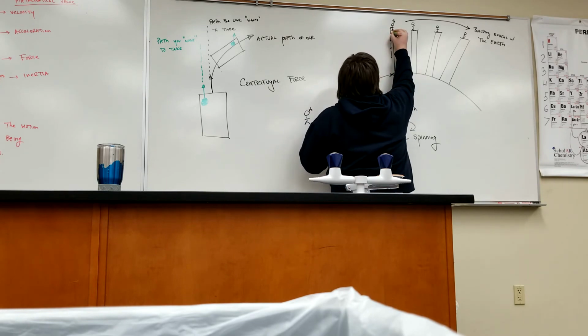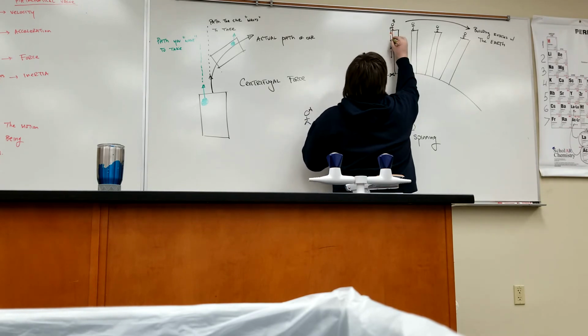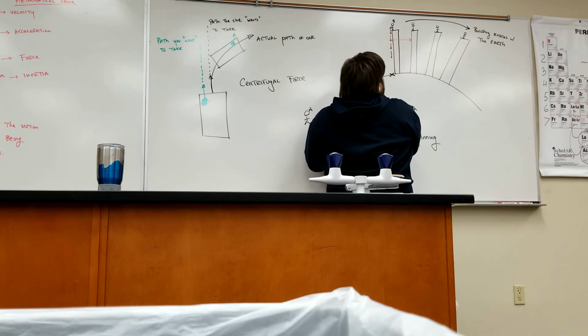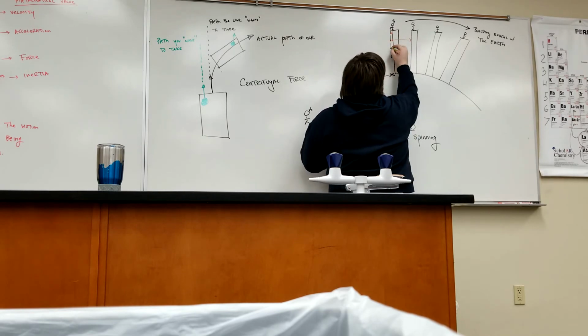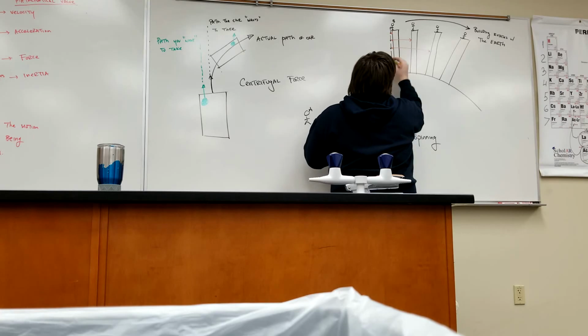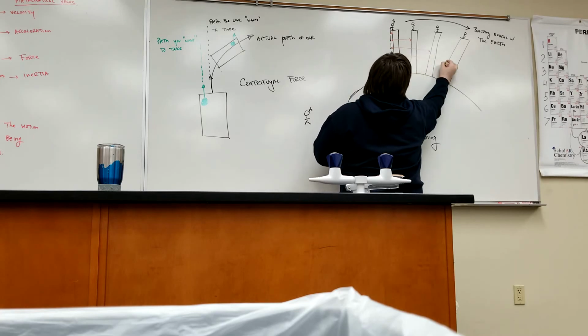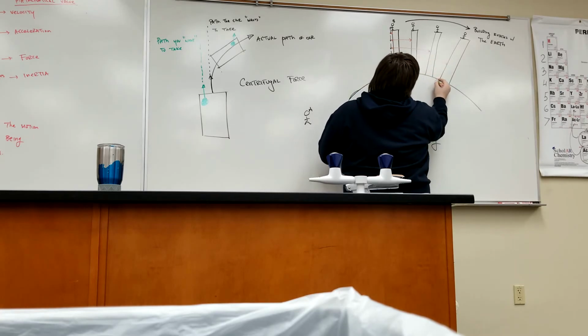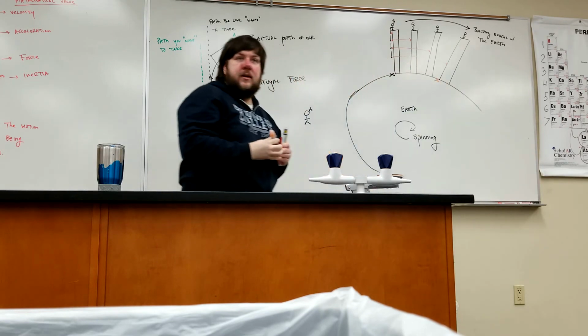Initially, the ball is right next to the building. Then the ball is farther away from the building. Then the ball is even farther. Now the ball is really far away from the building. And look, it's going to miss the X by a long shot.